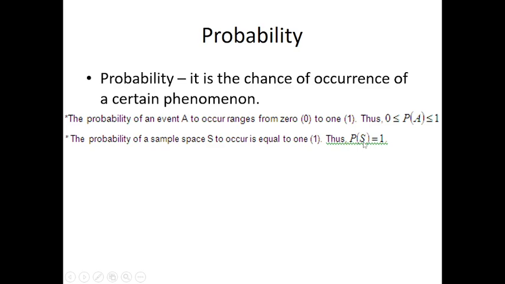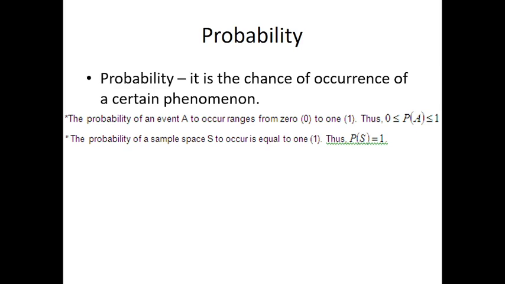Which is ang probability na ay 1 dahil pag sinabi natin sample space, the set of all possible outcomes of a random experiment. So, lahat ng posibleng outcome. So, kapag nag-toss ako ng coin, kahit alin dun sa outcome ng pag-toss ko ng coin, nandun sa sample space. Therefore, 100% mangyayari, right?